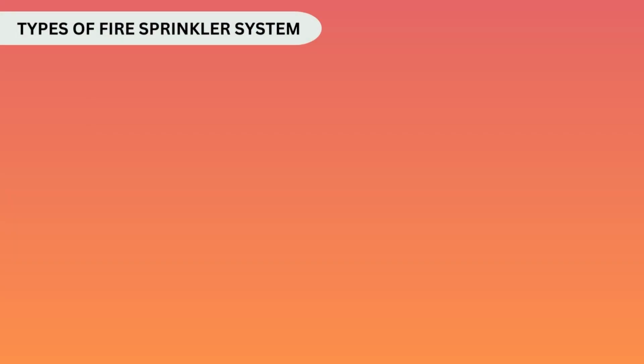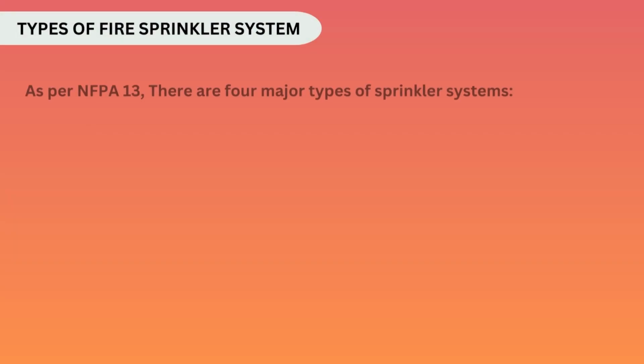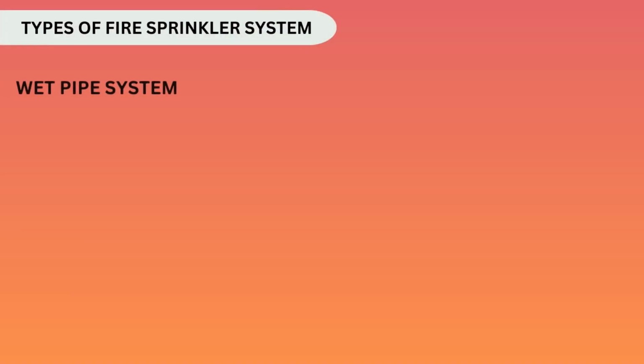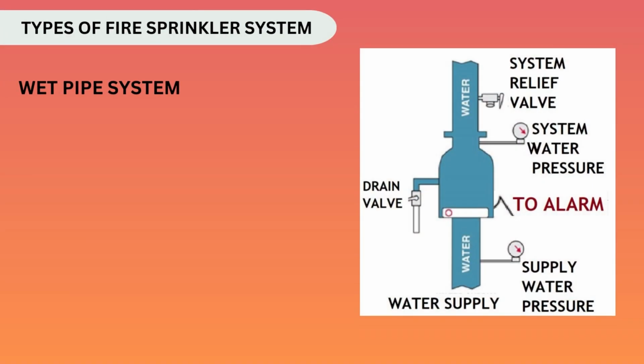There are different types of fire sprinkler systems. As per NFPA 13, there are 4 major types of sprinkler systems: wet pipe system, dry pipe system, deluge system, and pre-action system. They are used based on the requirement. On the right side of the figure, we are showing a wet pipe system. This consists of system relief valve, system water pressure, the alarm, drain valve, supply water pressure gauge, and water supply.